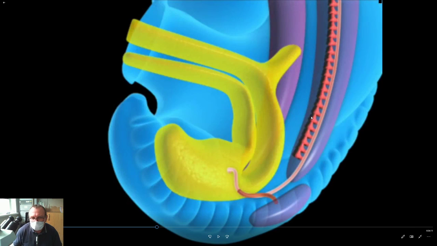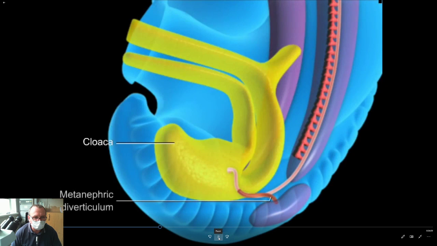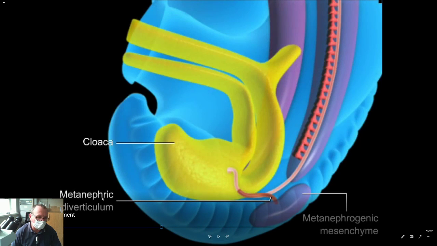The definitive kidney is developing from the sacral part of the nephrogenic cord, which is called the metanephros. How is it developing? Here is this brown snail. This brown snail is a ureteric bud. The ureteric bud, or ureteric diverticle, or also metanephric diverticle, is a branch of the terminal end of the mesonephric duct.